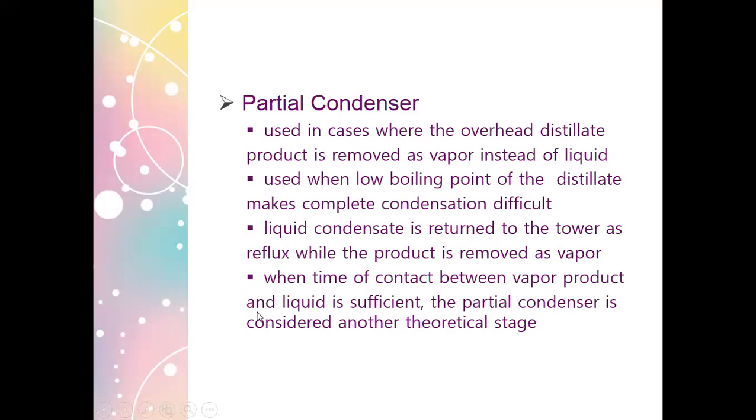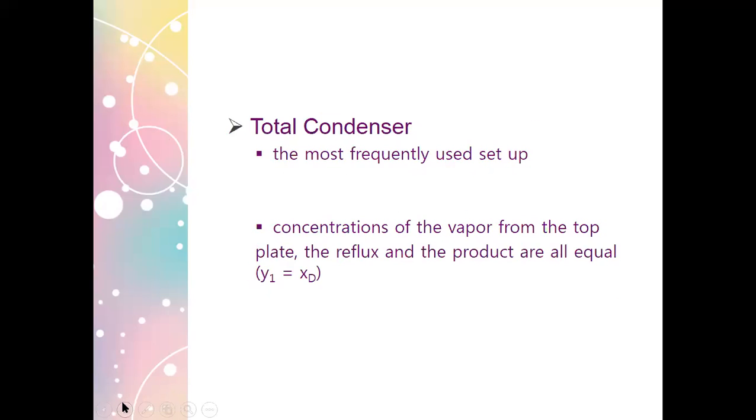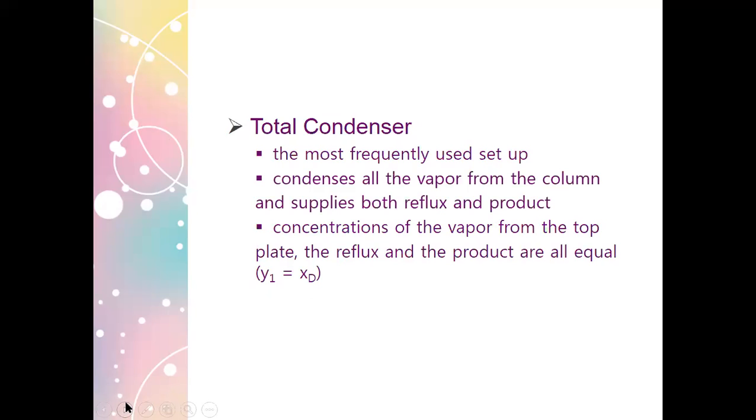So take note, you subtract 2 if the problem says that your condenser is a partial condenser. Most of the time, class, it's not a partial condenser, it's a total condenser. So you only need to subtract 1 from the total number of N that you have determined using the graphical approach.